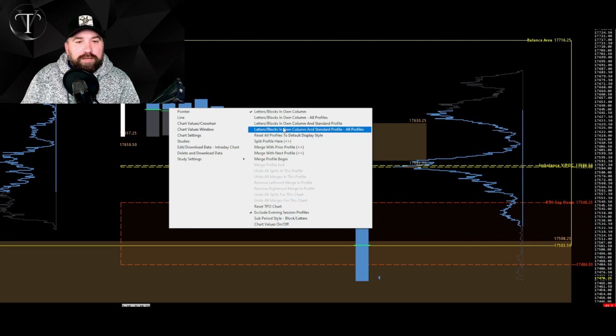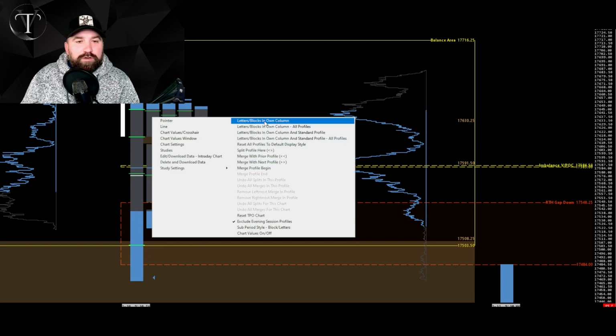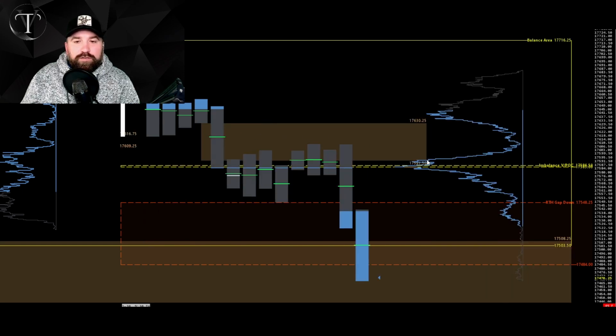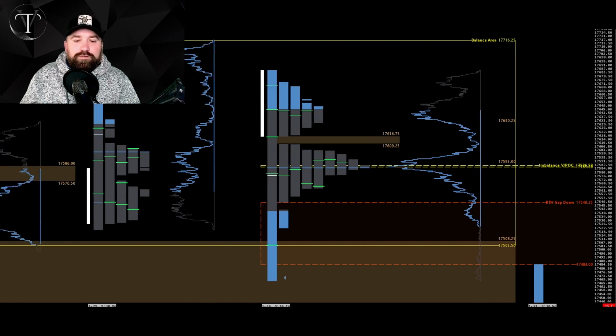So if we blast this back together, you can see the single print is only a 7-point, 8-point range. And if we blow these apart, it's like a 40-point range. So this is the fair value gap, and this is the single print. It's just a more detailed way of looking at it.